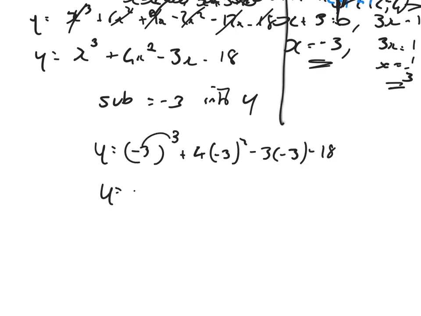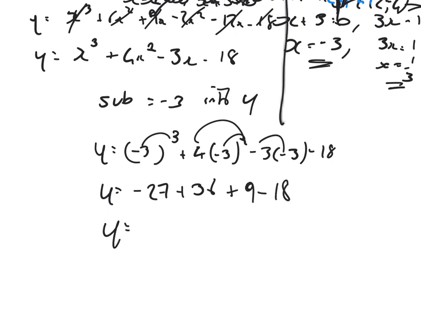So minus 3 cubed is minus 27, minus 3 squared is 9 times 4 is 36. Minus 3 times minus 3 is plus 9, and then I've got a minus 18. So minus 27 plus 9 is minus 18, minus 18 is minus 36, plus 36 is equal to 0. So stationary point 1 is at (-3, 0).